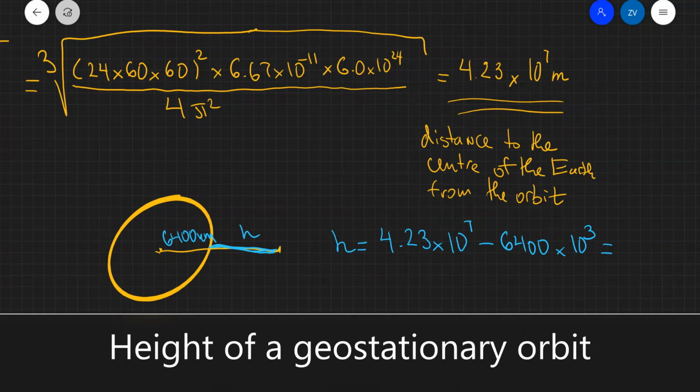Let's just put that into a calculator and take it away. So minus 6,400 times 10 to the power of 3, and that's going to give us about 3.6 times 10 to the power of 7 meters, which is the height of a geostationary orbit.